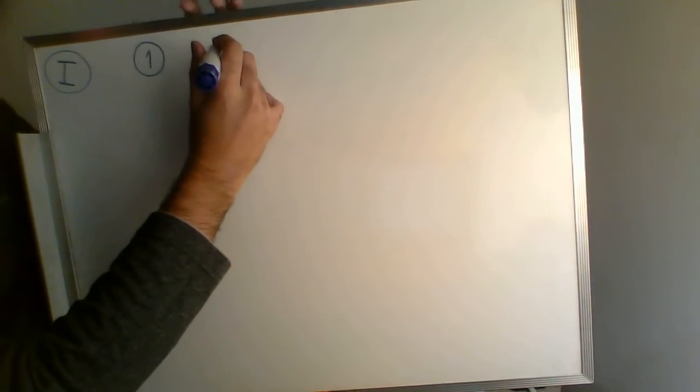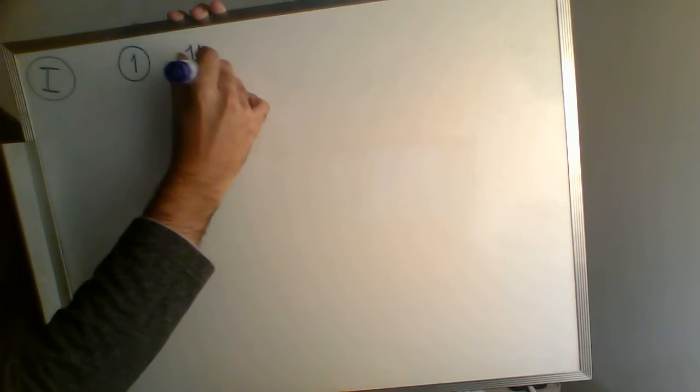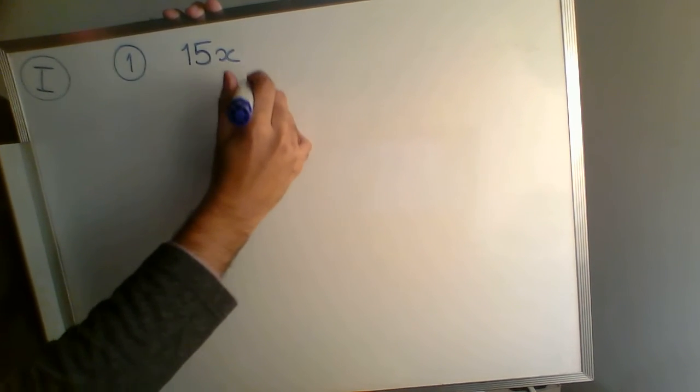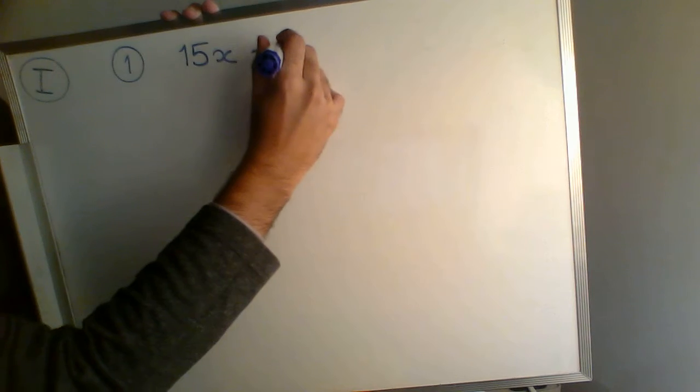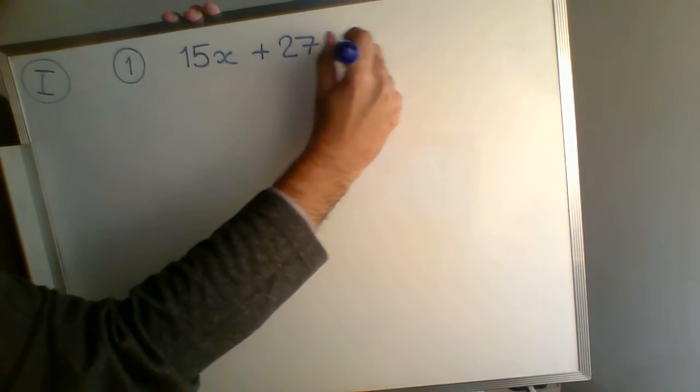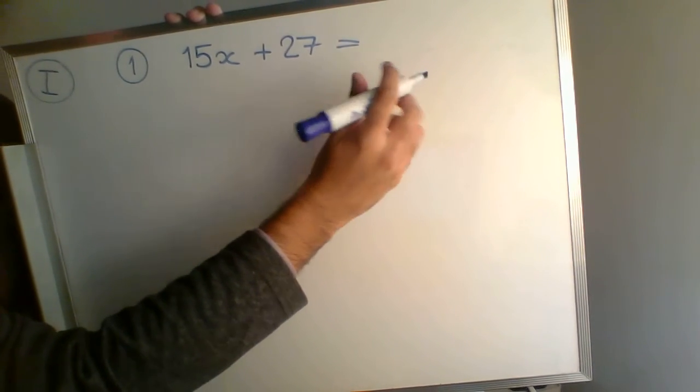So let's get right into it with the first problem here. So again, I'm going to number them with Roman numerals. So to begin, your first equation is going to be 15x plus 27 is equal to 3y.